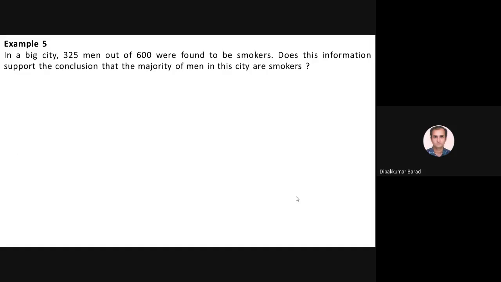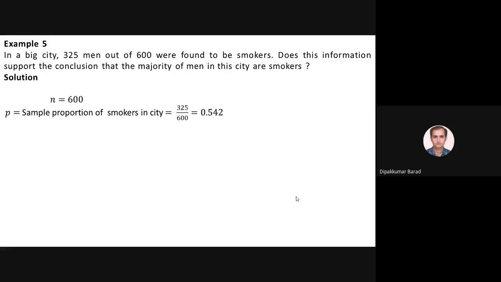And here we haven't been given a level of significance. If it is not given, by default we consider a 5% level of significance. First of all, the sample size is n equal to 600. So small p we can find as 325 upon 600, which is 0.542.